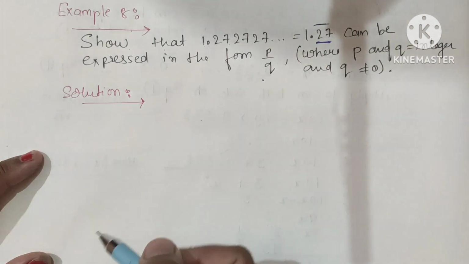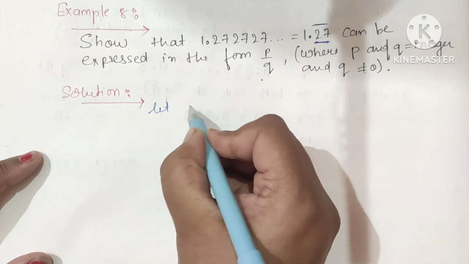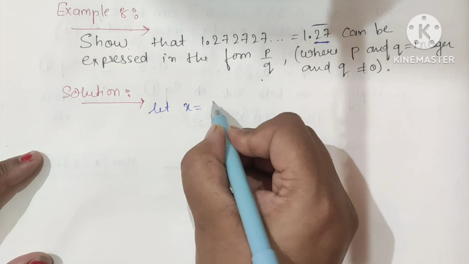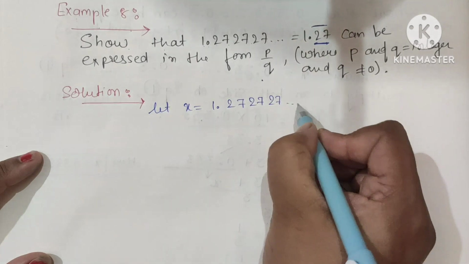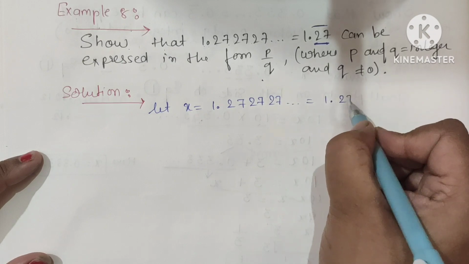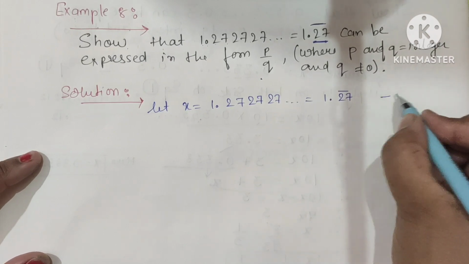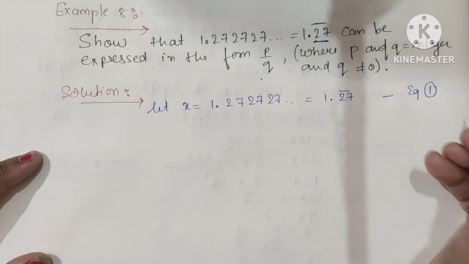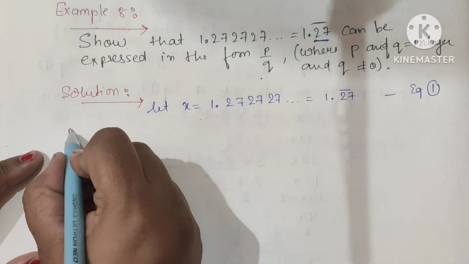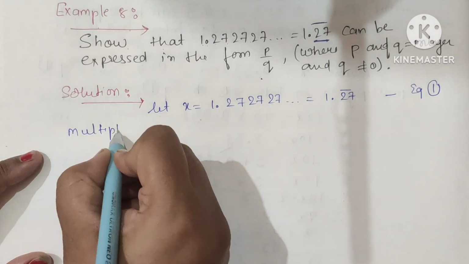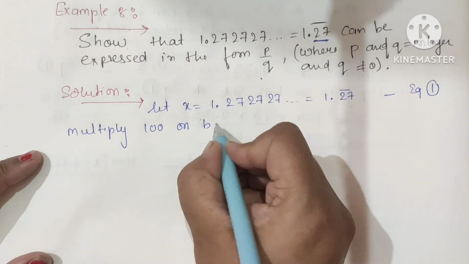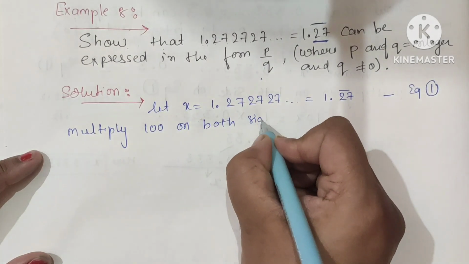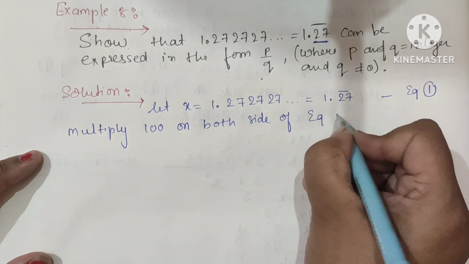We'll see over here. Let x is equal to 1.272727, 1.27 bar. Multiply 100 on both sides of equation 1.